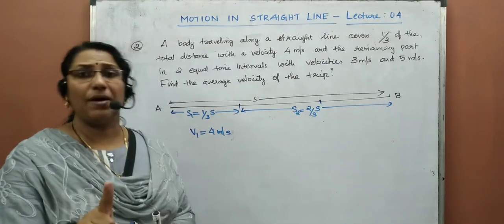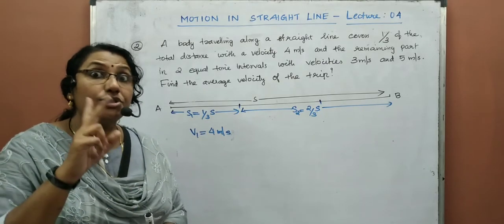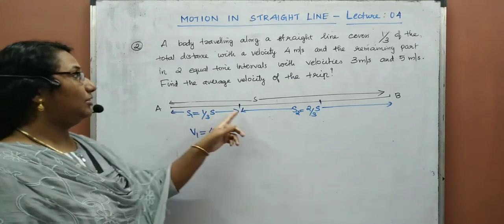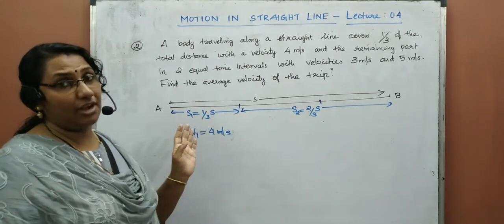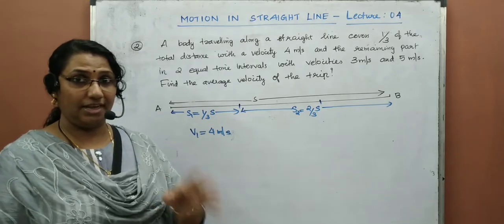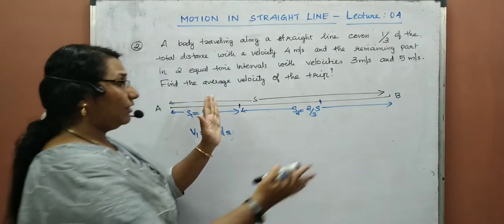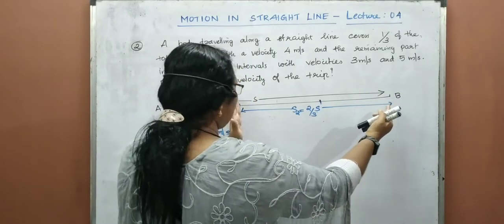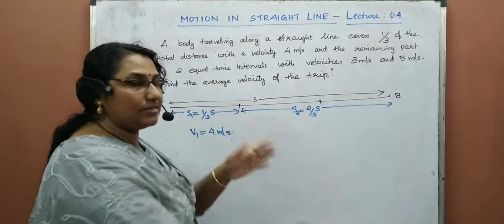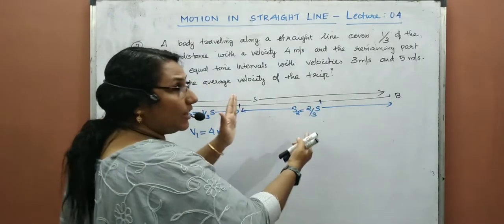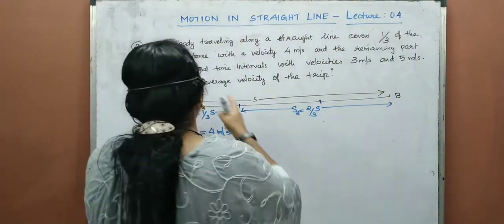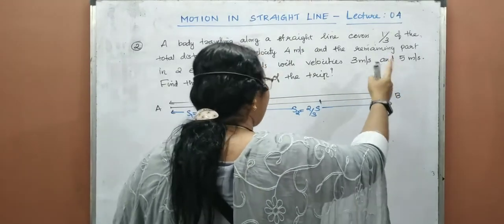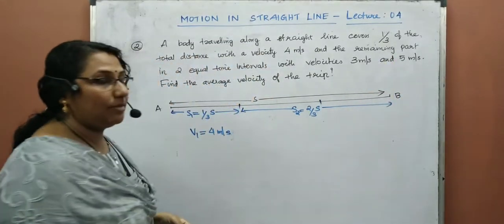The remaining part is travelled in 2 equal time intervals. Then it is said that from this point to this point, it is not travelling in the same stretch. It is travelling in such a way that if the remaining part requires 10 seconds, the first 5 seconds is travelled with a speed of 3 meters per second, and the remaining 5 seconds is travelled with a speed of 5 meters per second.